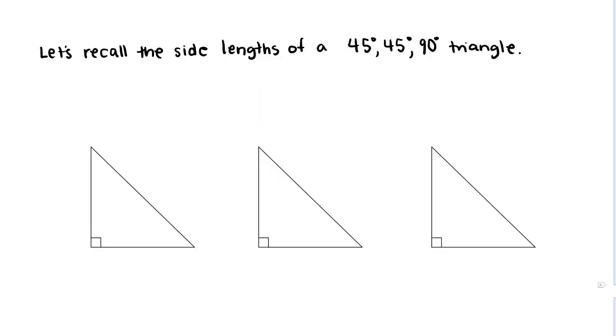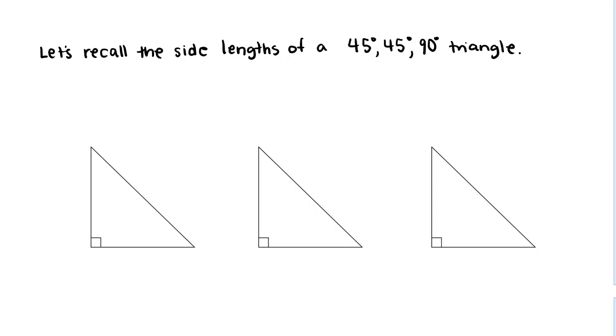Let's do a few more examples. So, in the same vein of recalling the side lengths of a 30, 60, 90 triangle, another special right triangle that we emphasized was this 45, 45, 90 triangle.